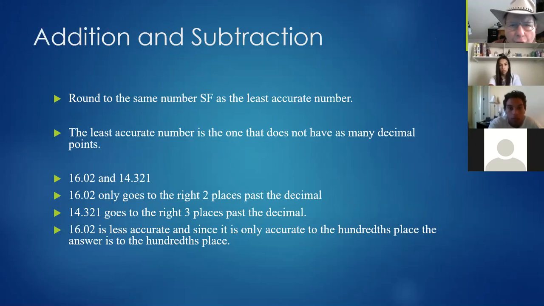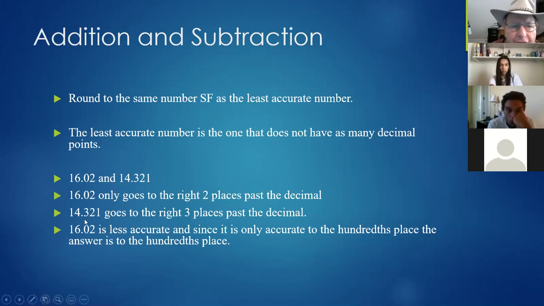If I'm adding 35,000 and 4,100, the 35,000 is only accurate to the thousands place. The 4,100 is accurate to the hundreds place. So my answer is going to be as accurate as my least accurate number. 35,000 plus 4,100 equals 39,000.